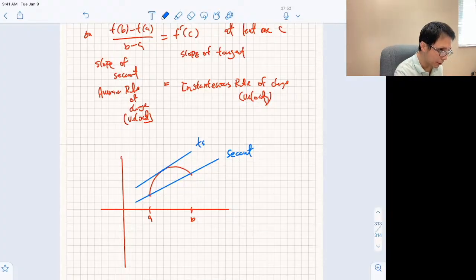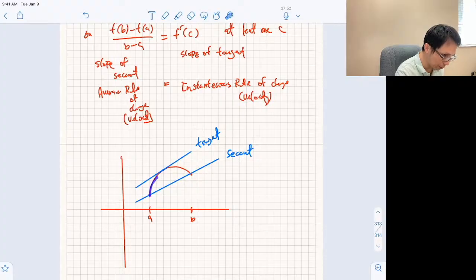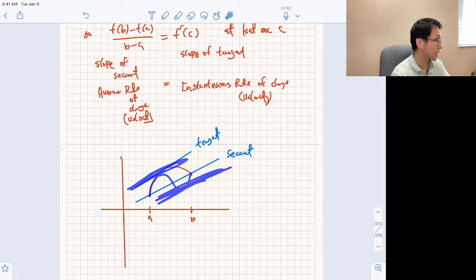This is the tangent. So they will equal each other. And it can happen more than once. Why? Because what if I draw a second situation, like a two-peak situation like this? You can have it happen here, and you can have it here. That's still equal to the secant line. Does that make sense or no?